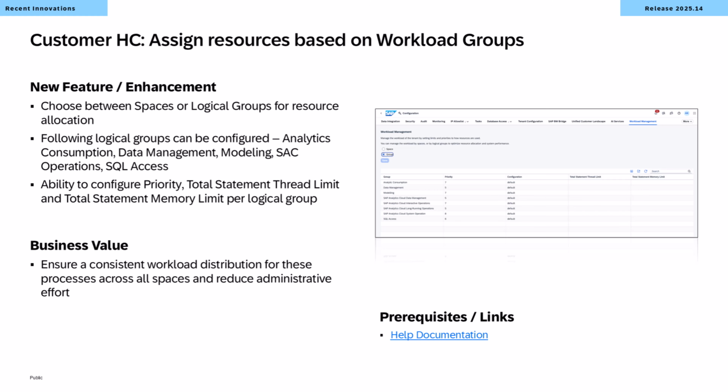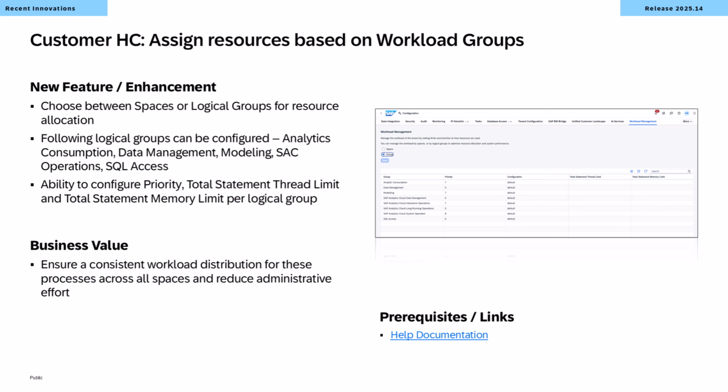And this was a very common problem that was identified between customers, where they said we really want to keep a cap, a limit on what an activity can consume and not what a space can consume. So the space level resource allocation is something that is valid, but does not hold true for all the use cases or all the landscapes for every customer.